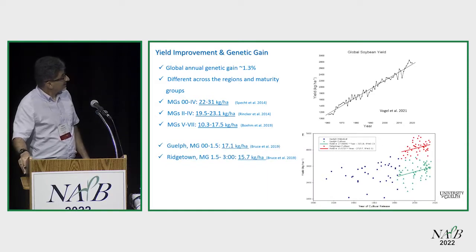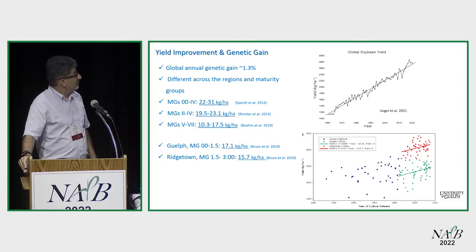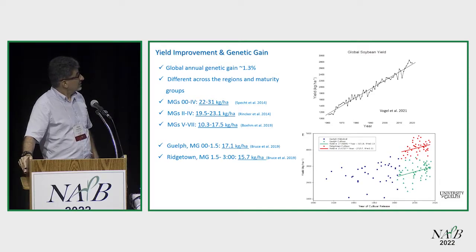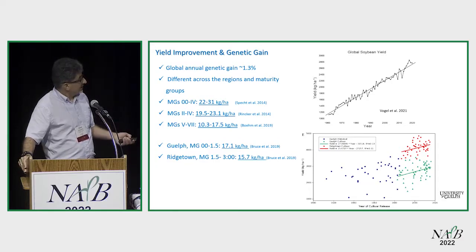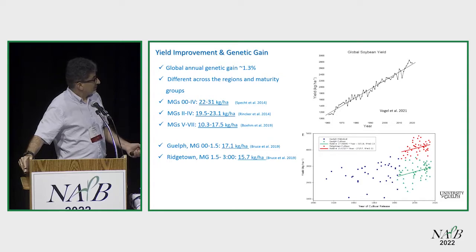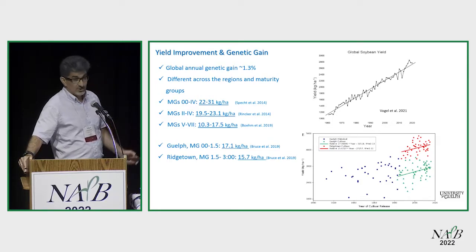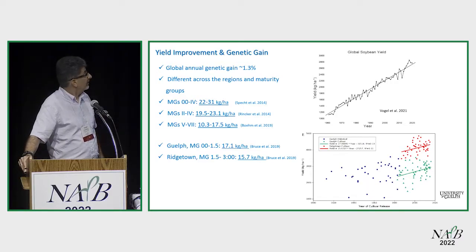In our own study at the University of Guelph, done by Dr. Ishvan's people, his former PhD student, Dr. Bros, we measured genetic gain over several decades. As you can see here, the green dots are the active germplasm from his program, and genetic gain is estimated at just over 17 kg per hectare per year.